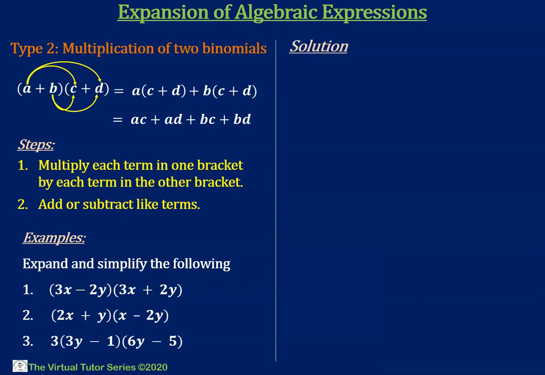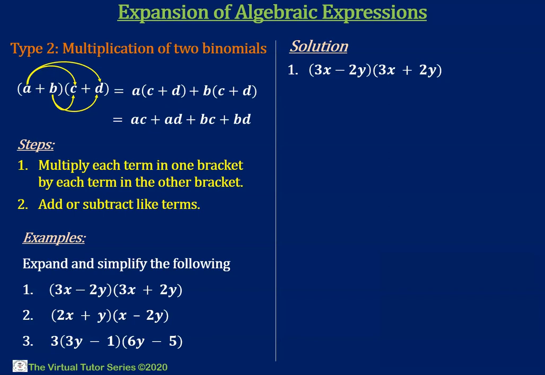Solution. Example 1: (3x - 2y)(3x + 2y).